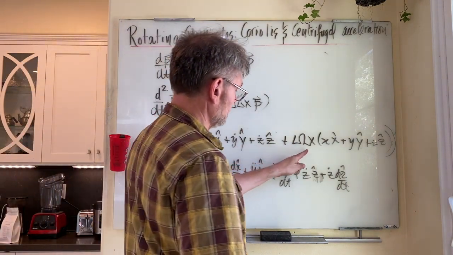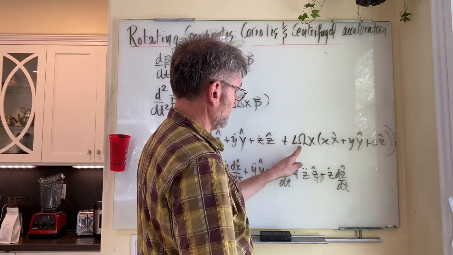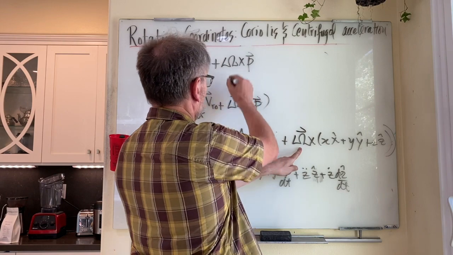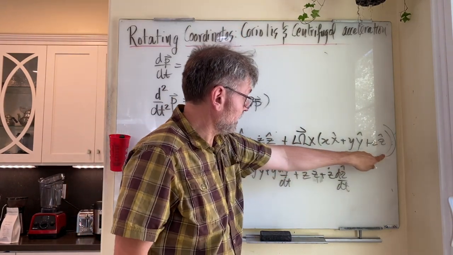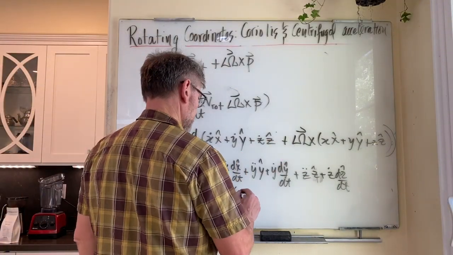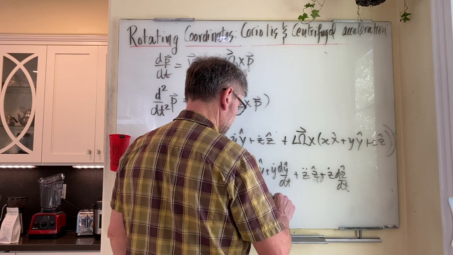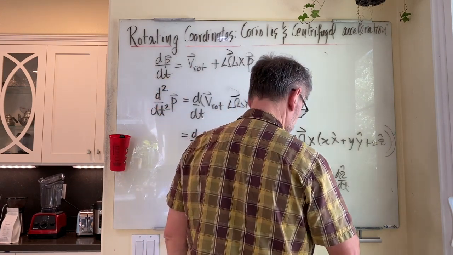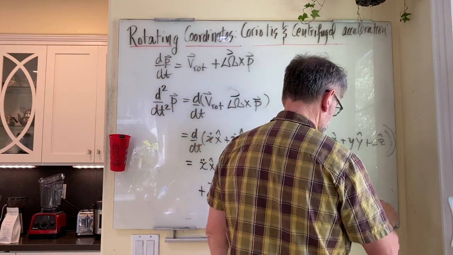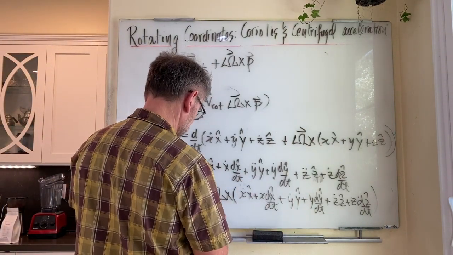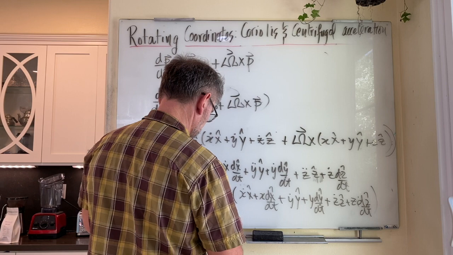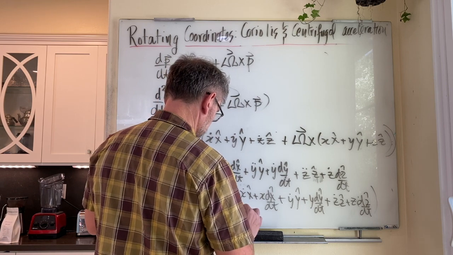So that's the product rule applied to these three terms. And we keep going on to this side. So omega is a constant vector. This is vector, vector, vector. But this time here, I'll get a time rate of change of that one. x double dot x hat plus y double dot y hat plus z double dot z hat.